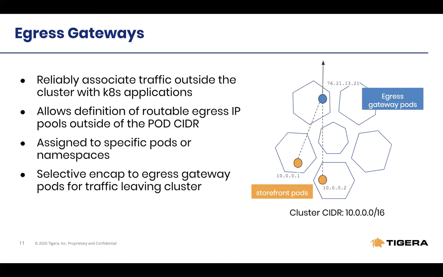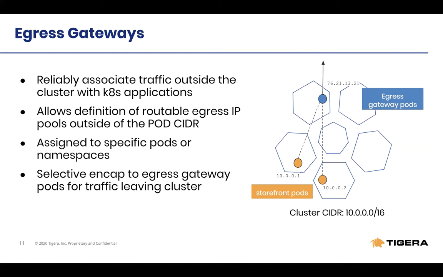So what happens is, when any pod that's tagged for an egress gateway, or a pod within a namespace that's tagged for egress gateway, tries to communicate outside the cluster, Calico is smart enough to recognize that and will selectively do some encapsulation to route that traffic to the egress gateway pod.